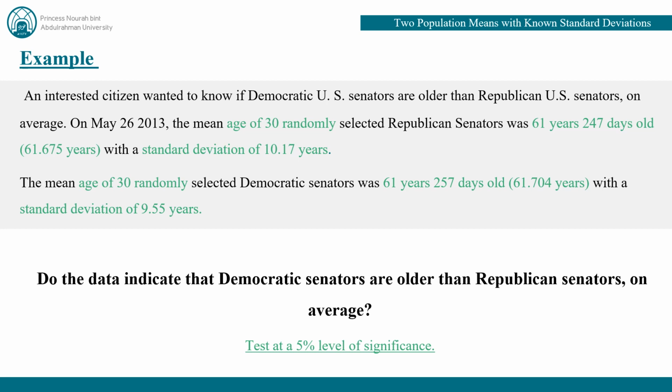The mean age of 30 randomly selected Democratic senators was 61 years, 257 days old, 61.704 years, with a standard deviation of 9.55 years. Do the data indicate that Democratic senators are older than Republican senators on average? Test at 5% level of significance.